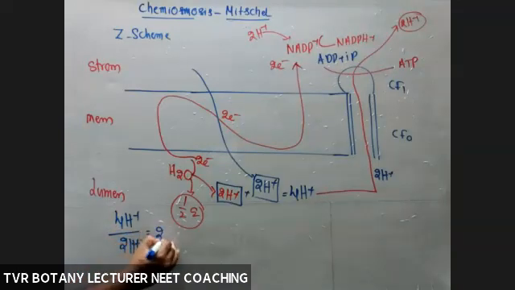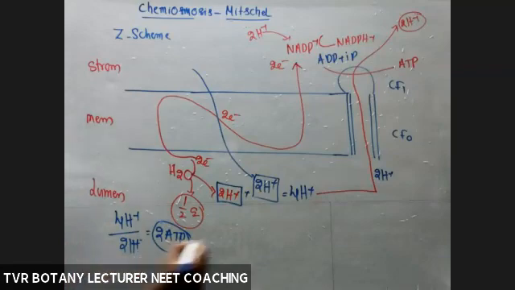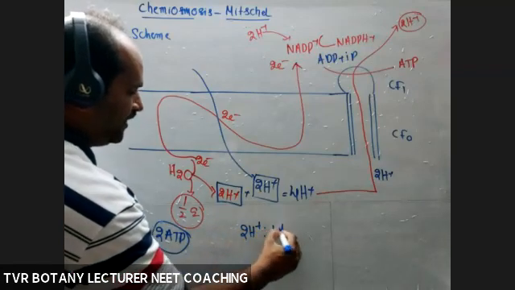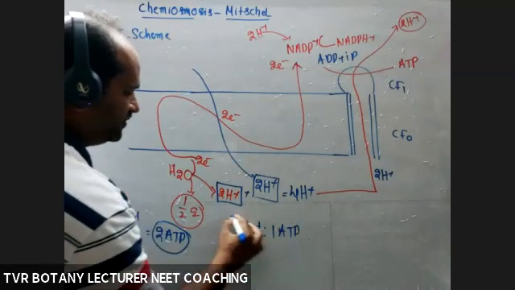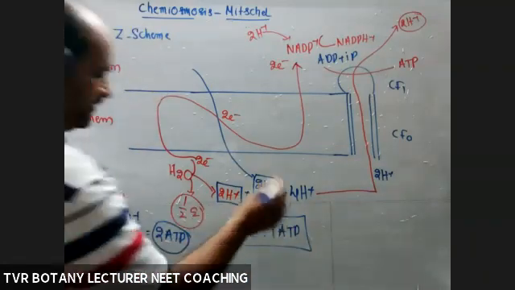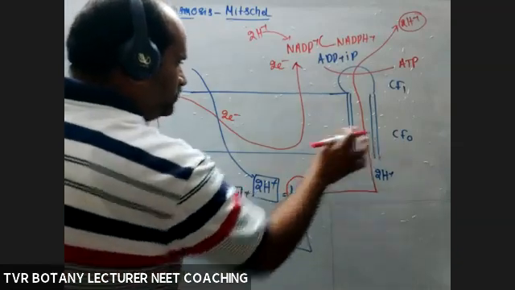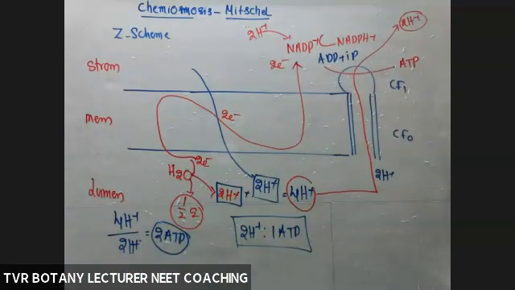How many ATP? 2 ATP molecules. Okay, so ratio is 2H plus to 1 ATP molecule. According to that ratio, out of this much number of H plus transported through ATP synthase complex, definitely how many ATP possible? 2 ATP possible.